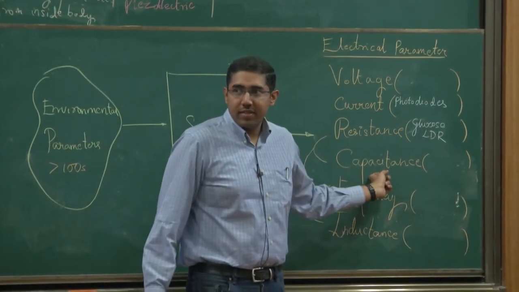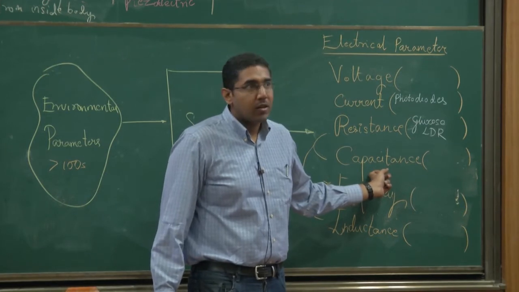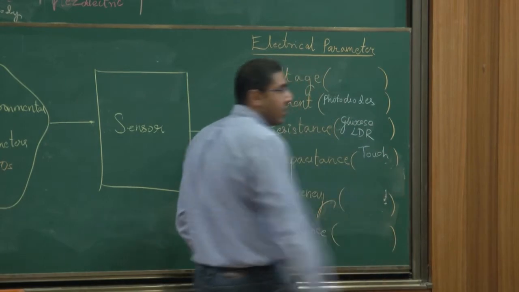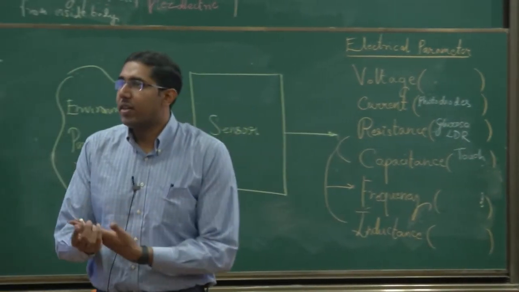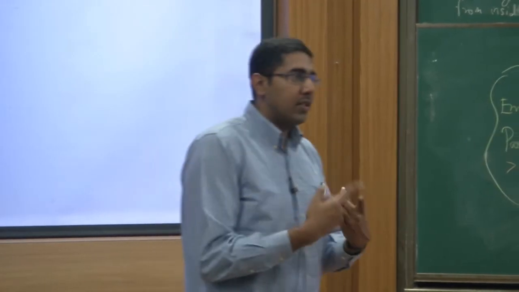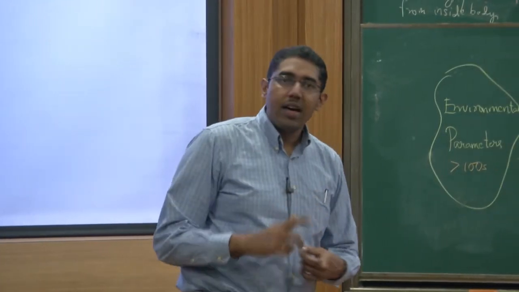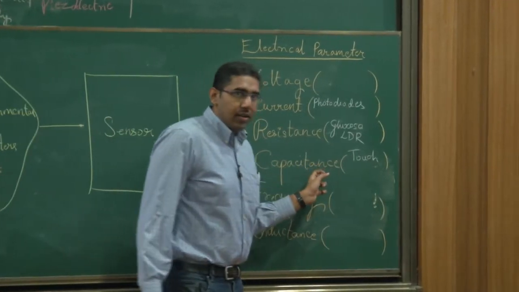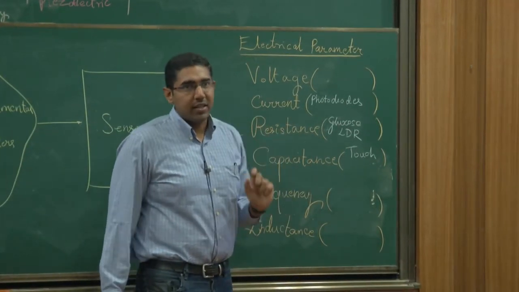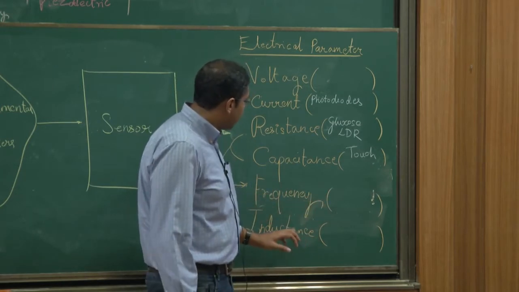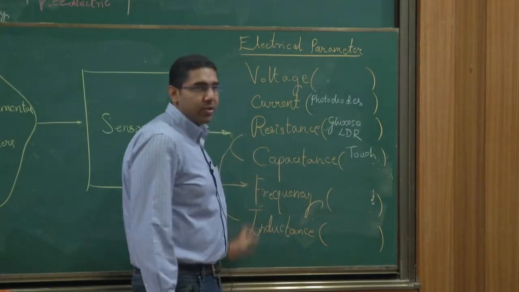Anything for capacitance? Touch sensors, yes. Most of our cell phones are just a capacitive array. Based on wherever you touch, the capacitance between electrodes changes, and you use that change to measure the location of where the touch has happened. Frequency as the output, as I said, is a combination of these.